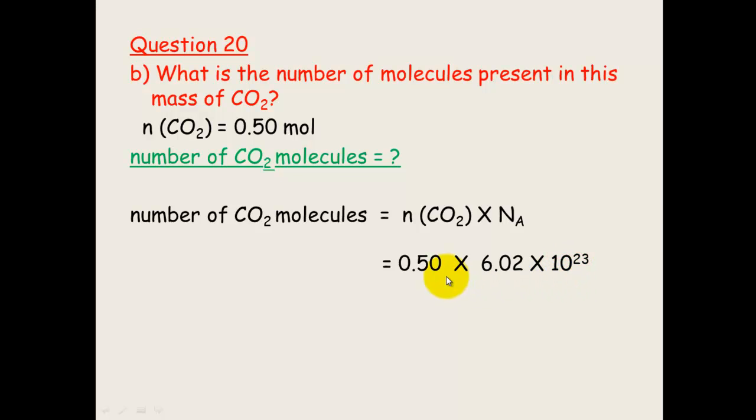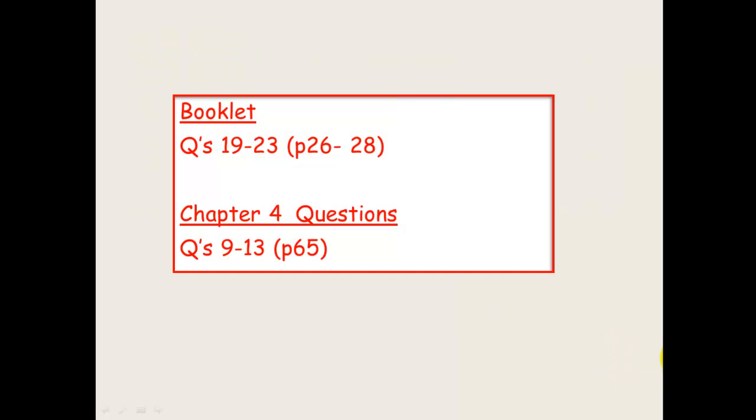How many mole have we got? We've got half a mole, so half times 6.02 by 10 to the 23 gives us 3.01 by 10 to the 23 molecules. So the number of carbon dioxide molecules in half a mole is going to be 3.01 by 10 to the 23 molecules.